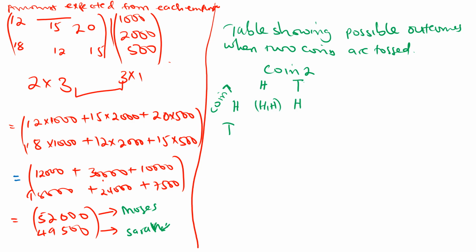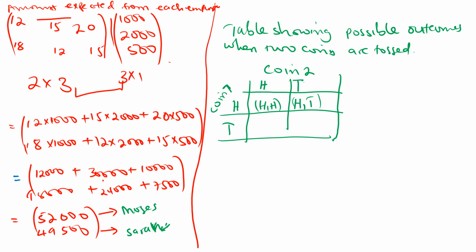At the same time, I can have head for the first coin and then tail for the second coin. Even here, I can have tail for the first coin and then head for the second coin. Then I can have tail for the first coin and then tail for the second coin.